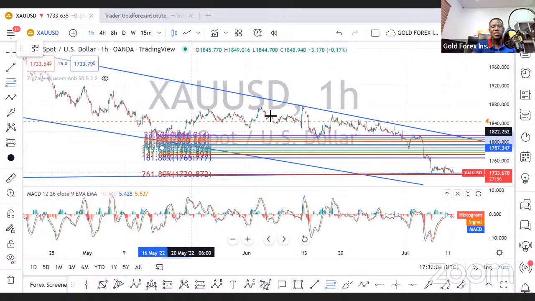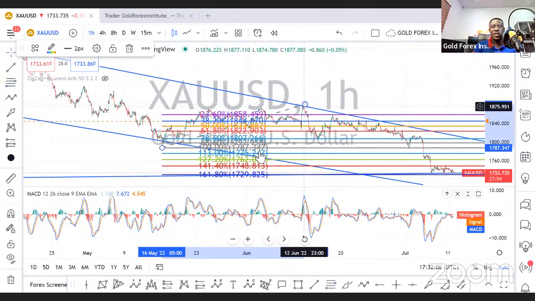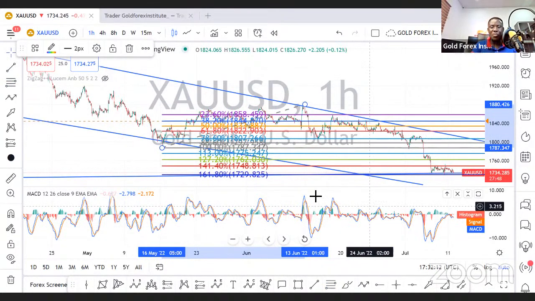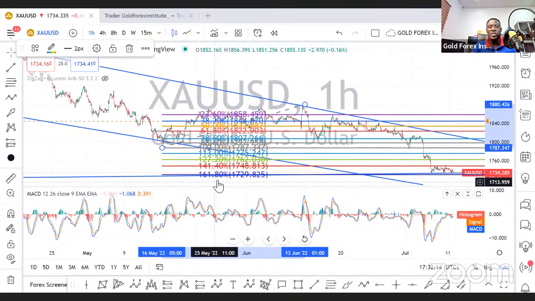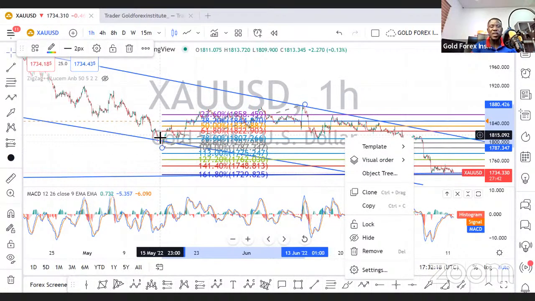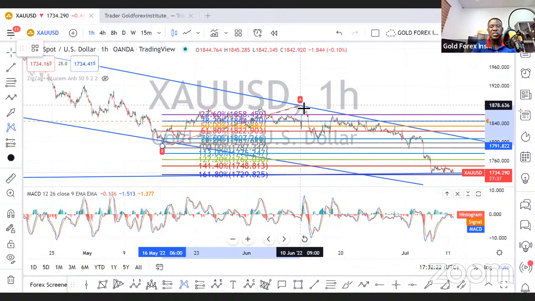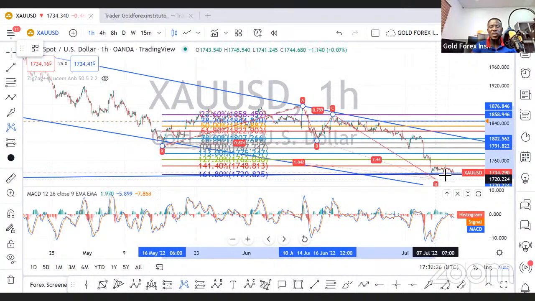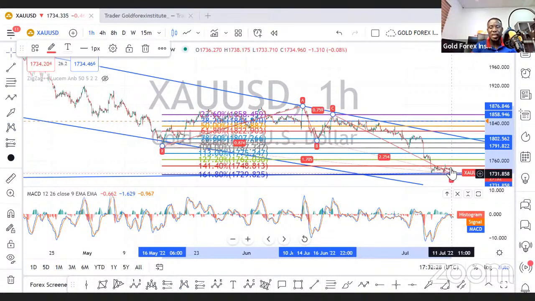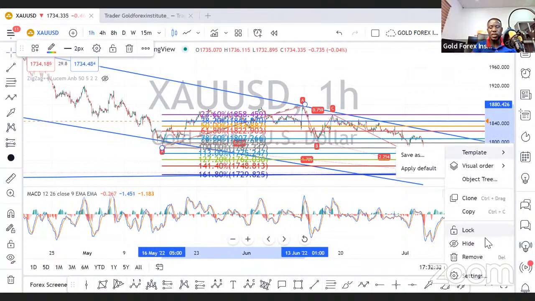When I put this one here to here, it gets to 78.6. Now, for a butterfly, the entry is 1.272 or 1.618. We should form a butterfly. So I'm expecting that around that confluence, the market should start moving up, especially when I'm expecting the dollar to be weak a little.